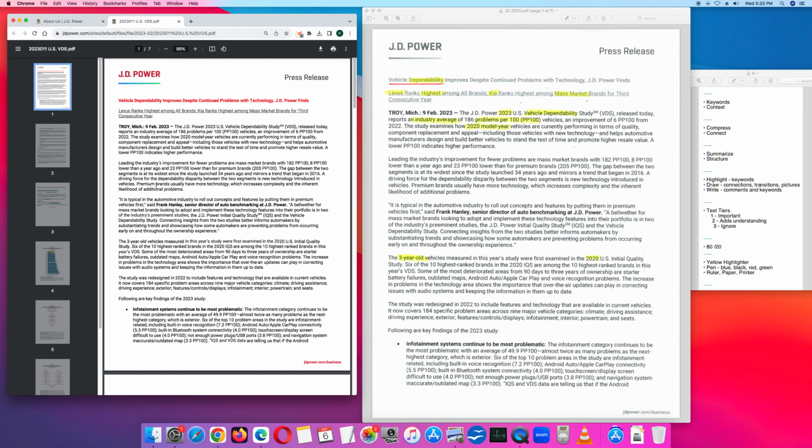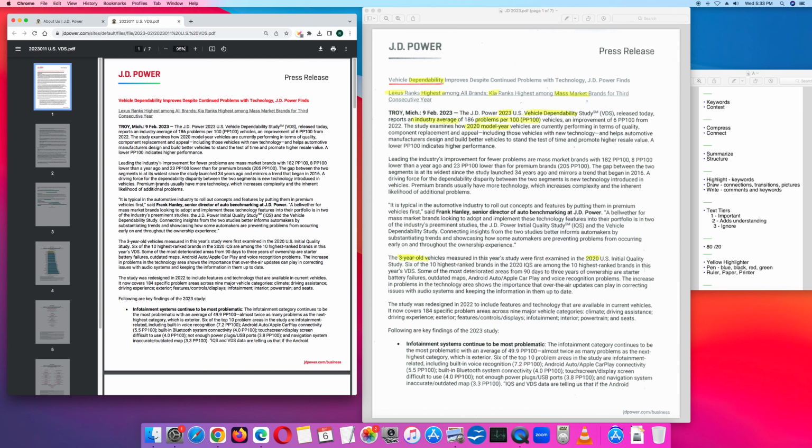But the tier 2 statements, for example here, J.D. Power's 2023 vehicle dependability study reports an industry average of 186 problems per 100 vehicles. And this study included 2020 models, which are 3-year-old vehicles. Okay, so those are tier 1 and tier 2, which adds understanding.